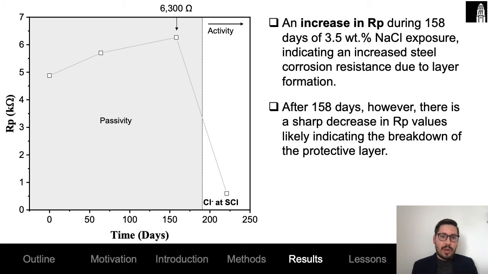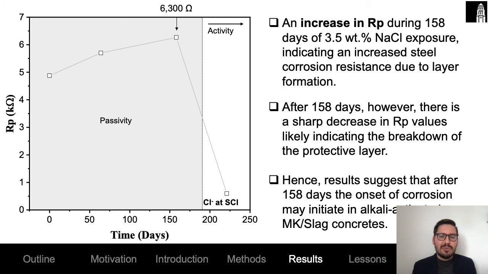Now, after 158 days, we see a sharp decrease in RP values, likely indicating a breakdown of a protective layer. Hence, the results suggest that after 158 days, there may be an onset of corrosion initiation in these materials.